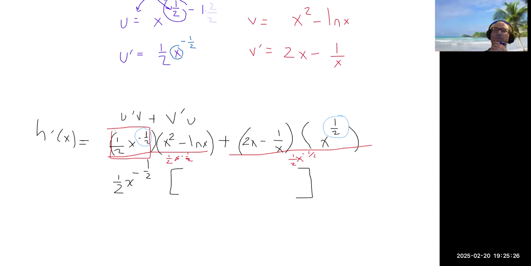Yeah, so I'm leaving that as x to the negative 1/2, but then I'm going to bring it down to the bottom to make that exponent positive. Because if you have x to the negative 1, that equals 1 over positive x to the 1. You can move things by changing the sign of the exponent. So if I had x to the negative 1/2, it comes down to the bottom and becomes a positive 1/2 on the bottom.